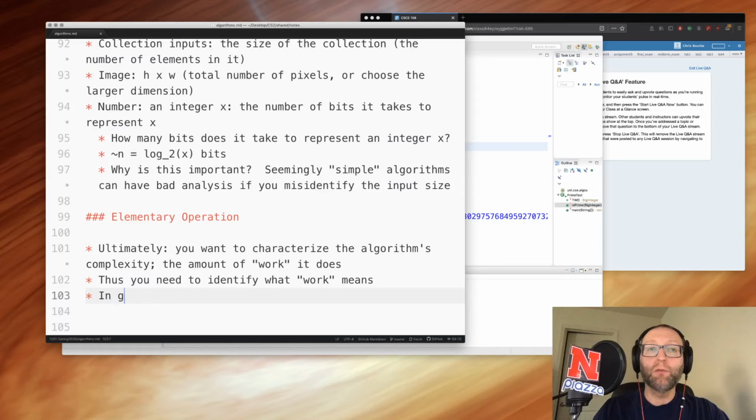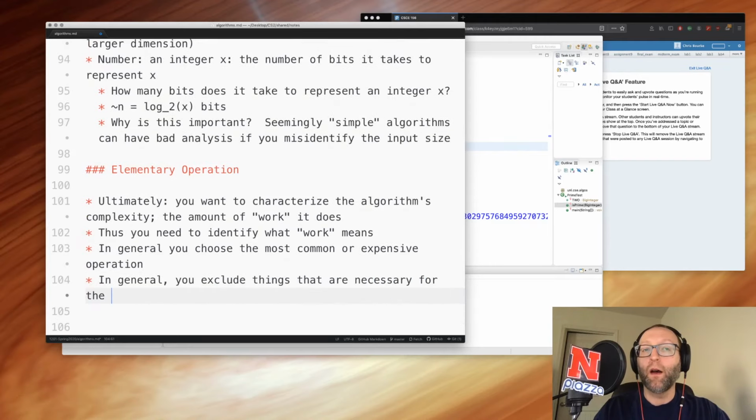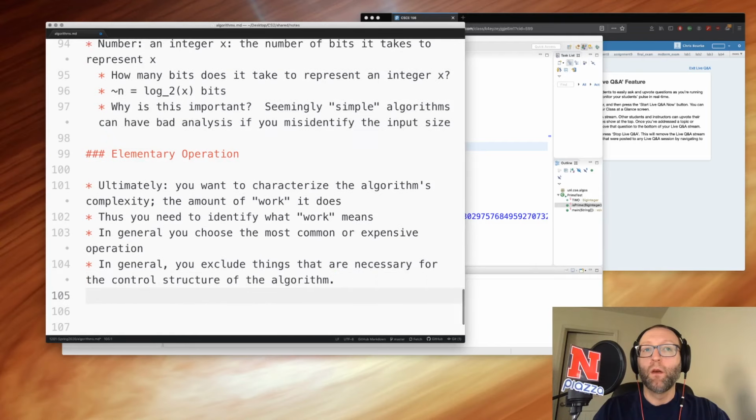So in general, you choose the most common or expensive operation. But in general, you exclude things that are necessary for the execution, the control structure of the algorithm. All right. So we'll come back to some examples here later.